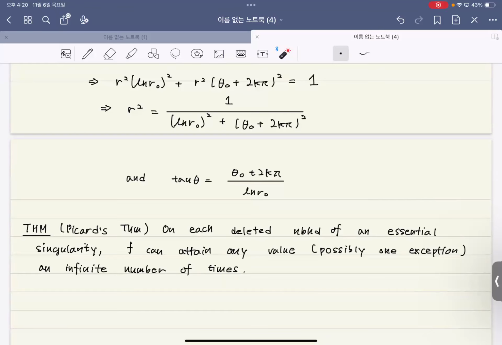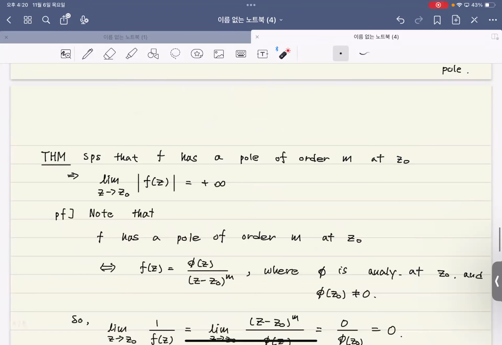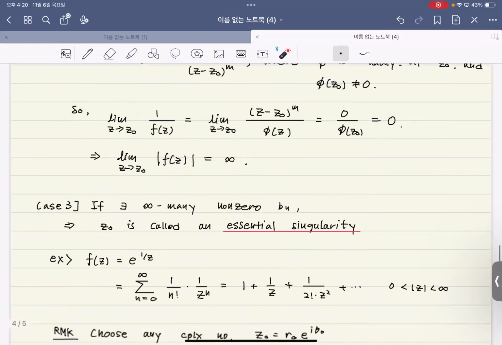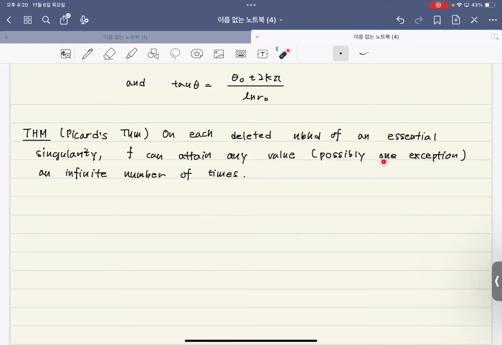So let me compare this theorem with this. Around a pole, if your singularity is a pole, then the behavior is really very tame and expectable. But on the other hand, if your singularity is an essential singularity, it's not the case. So what is the proof of this? Unfortunately, the proof of this theorem is beyond the scope of this course.